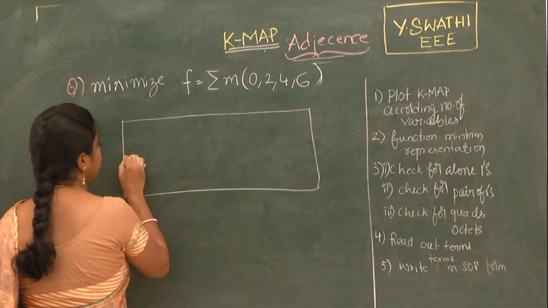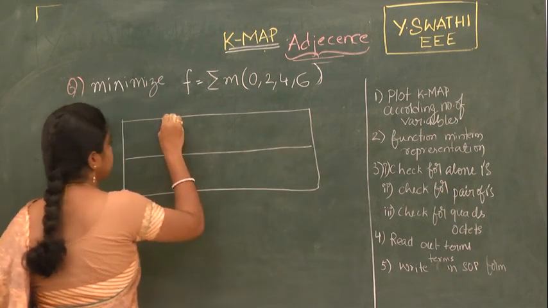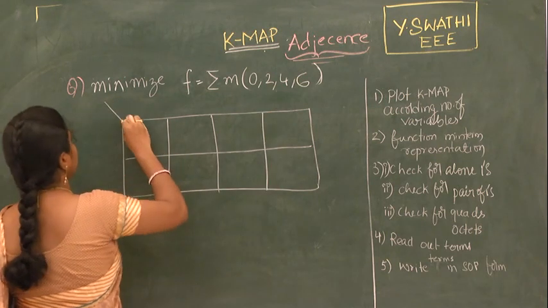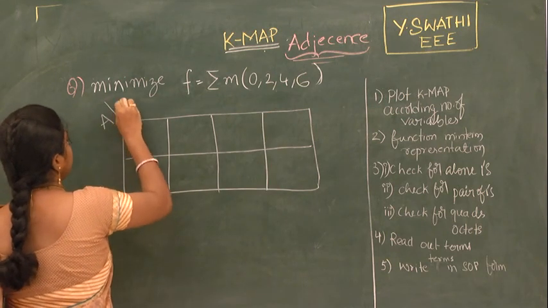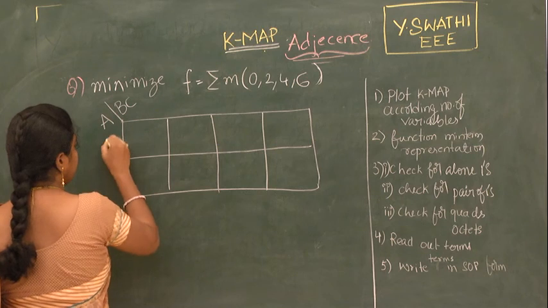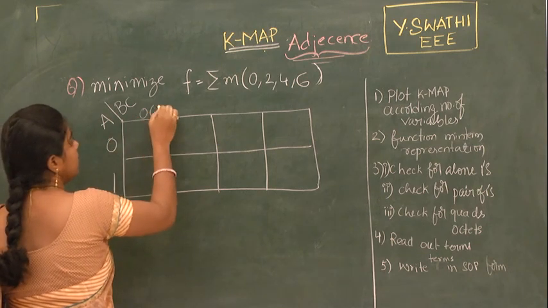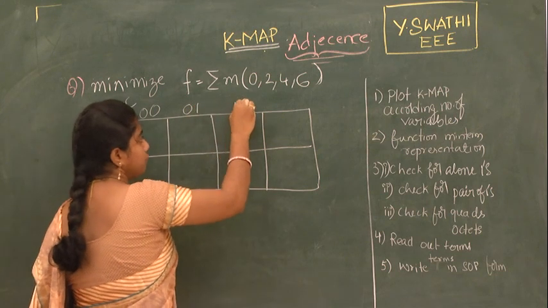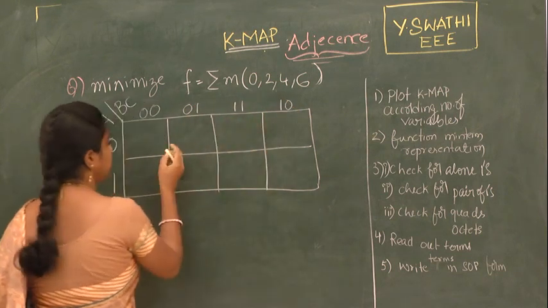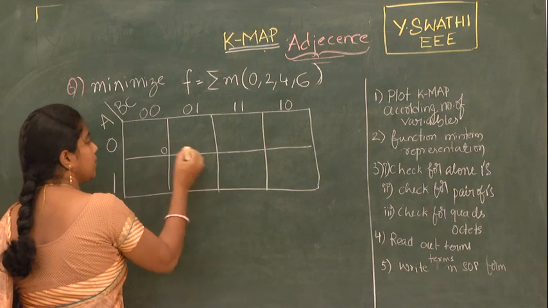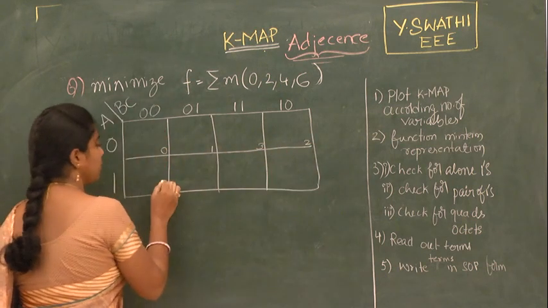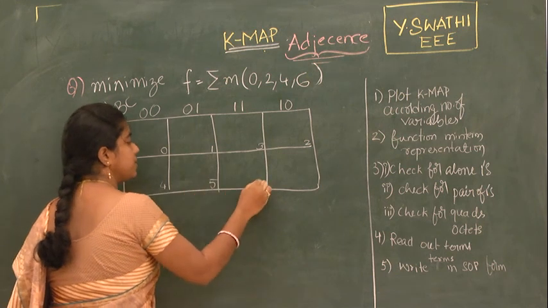So the 3-variable K-map will have 8 cells. The variables are A, B, C, and the representation of BC is 00, 01, 11, and 10. The minterms of the cells are 0, 1, 3, 2, 4, 5, 7, 6.